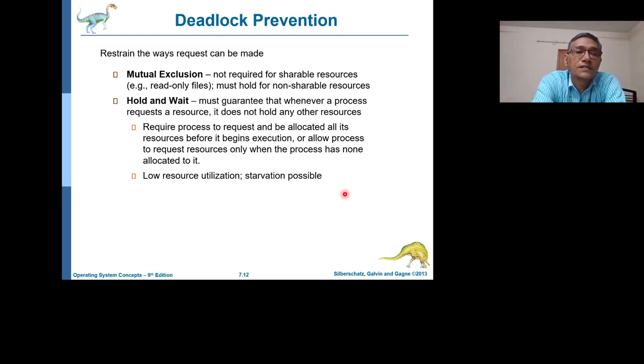Hold and wait: we must guarantee that whenever a process requests a resource, it does not hold any other resource. If we guarantee that, then no deadlock will happen. That is, a process requesting a resource should release the resources it has previously acquired. That is the meaning of negating hold and wait.